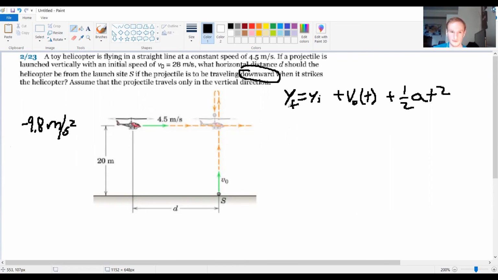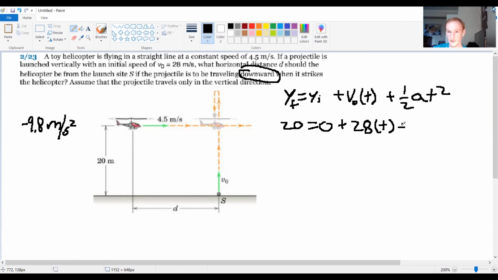So y final, we're treating up as the positive direction. So y final will be 20 meters. Y initial will be at the base right here, which is 0, plus the initial velocity, which is stated to be 28 meters per second, and times the time, which is our unknown in this case, because we needed to figure out other things over here.